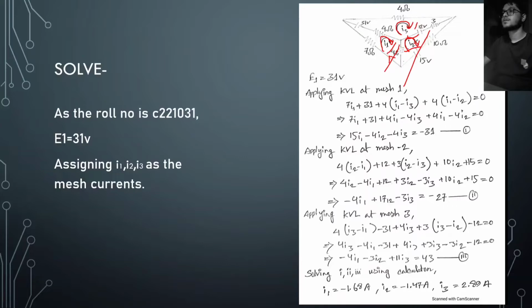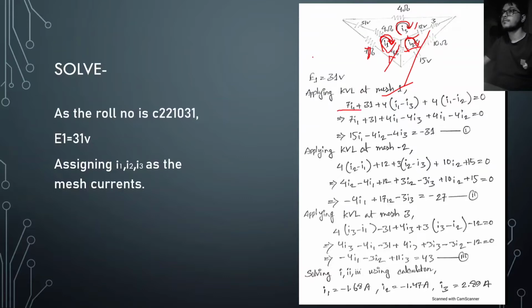If we suppose in mesh 1, here the 7 ohm, as the rule of KVL, 7 ohm plus 31 volts, we will assign only the summation of voltages. So for the summation of voltages, we write 7I.